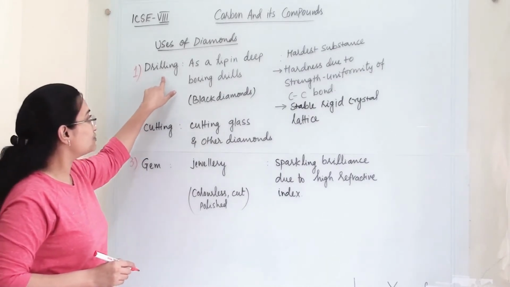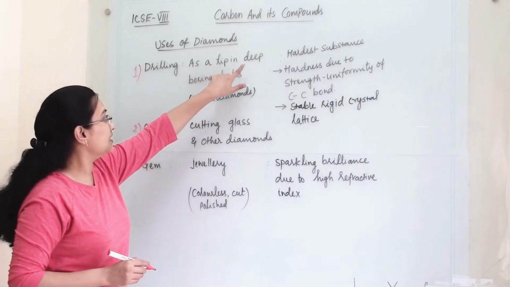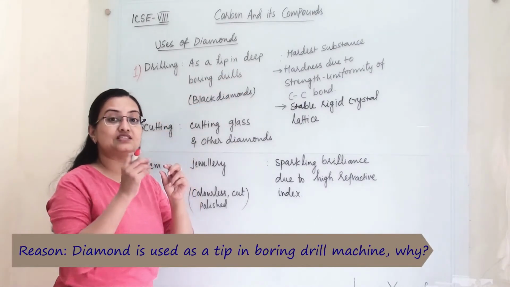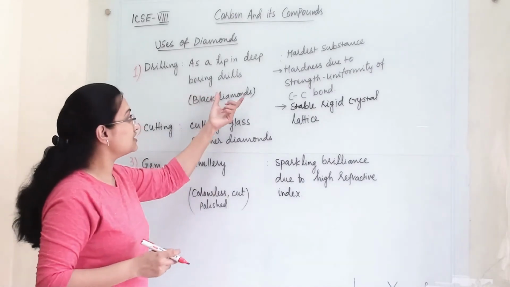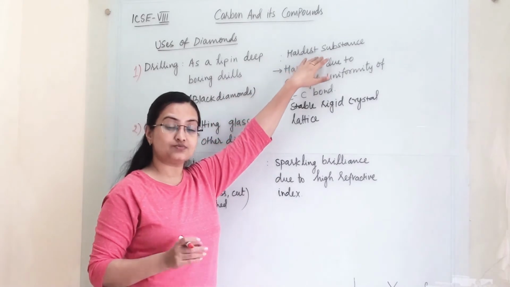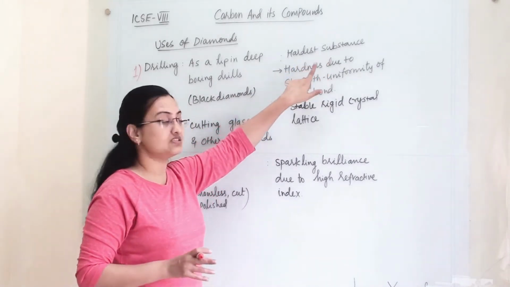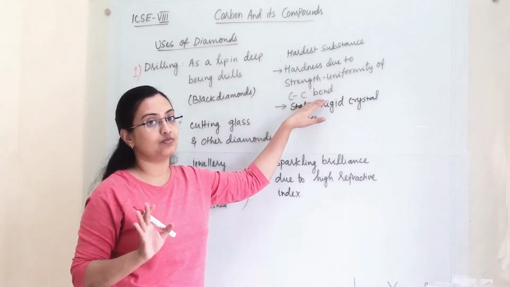So why are we using it for drilling and how? As a tip in deep boring drills. Diamond is placed at the tip of boring drills. And why are we using this? Because it is the hardest substance known to us till now, and this hardness is due to the strength and uniformity of the carbon-carbon bonds.